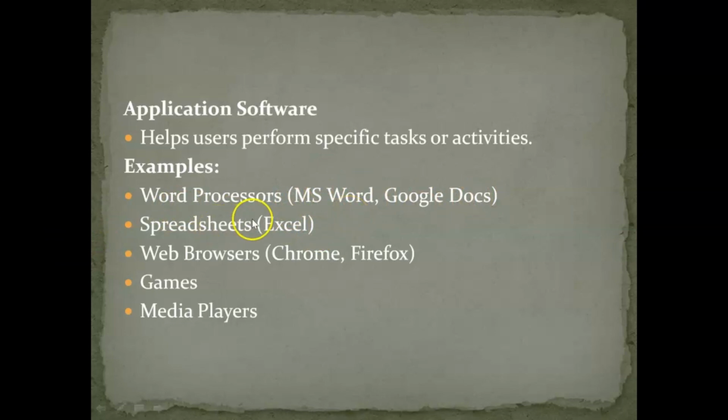Spreadsheets like Excel, where you can do calculations, formulas, all those things are available. Then a web browser has a particular task that cannot be performed by other software. Games, for playing games, then media players, all these come under the heading application software.